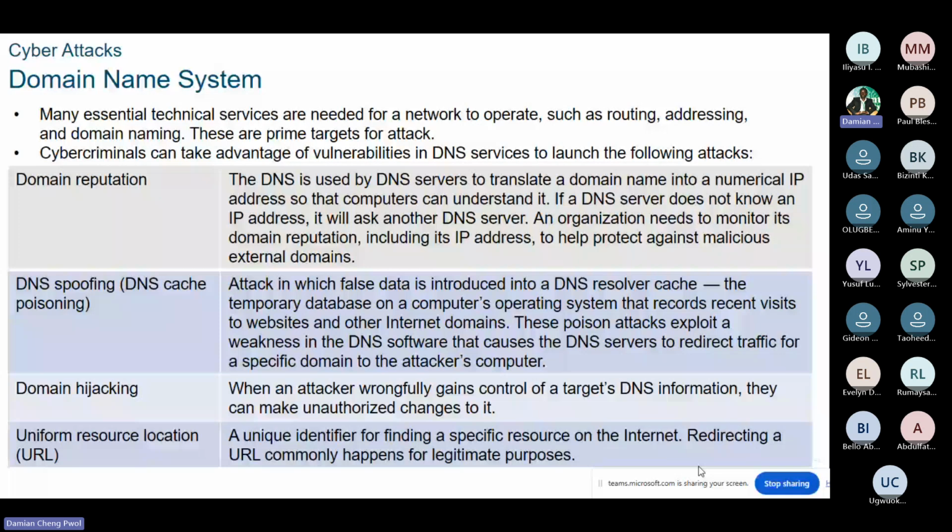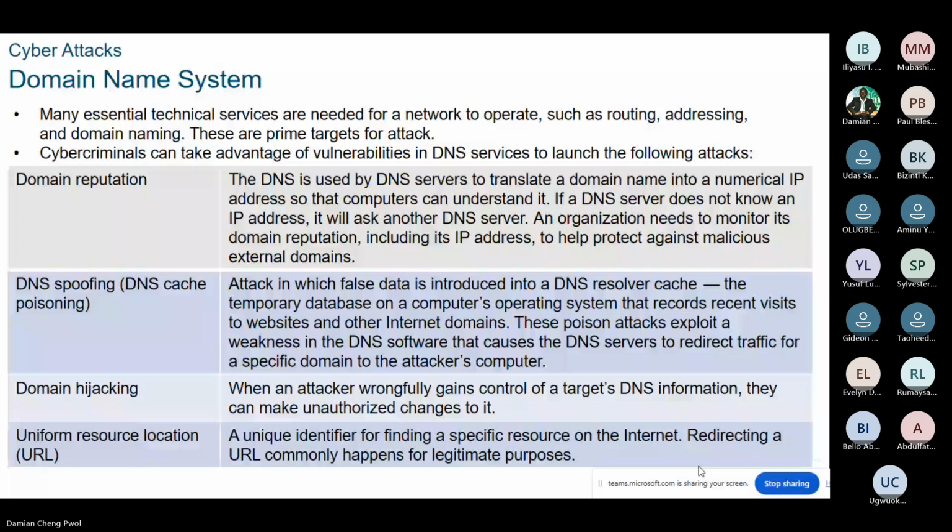Maybe you want to go to a website, let's say unijust.edu.ng, and you type unijust.edu.ng, then the next thing you see is a different site, not really the university site. So it means attackers have taken advantage of that, and the DNS server is vulnerable or is being attacked.